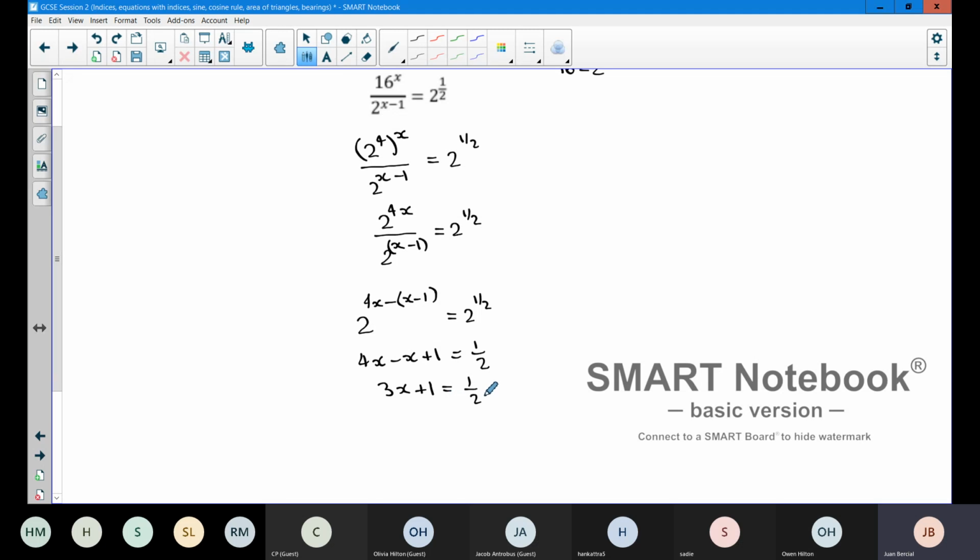But usually what we do is, if we've got an equation with a denominator, we multiply all the equation by that number, so multiply both sides by 2. You've got 6x plus 2 equals 1. So 6x is equal to, remember 2 goes to the other side as a negative, so you go 1 minus 2, which is minus 1. So x is minus 1/6.